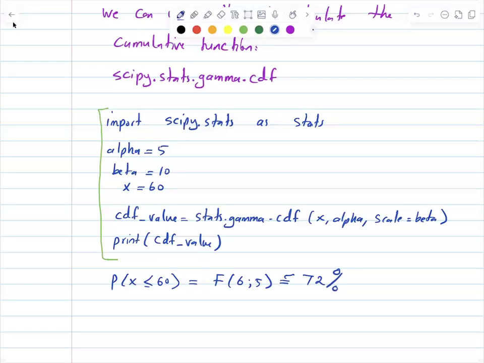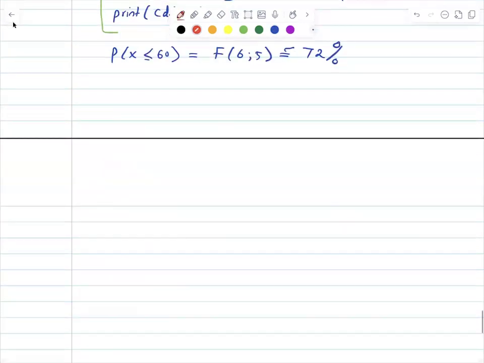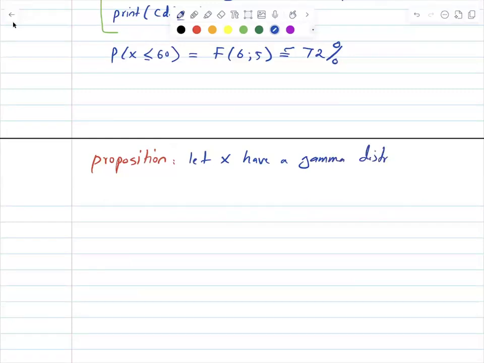So again, just a quick reminder for you. In this proposition, we have the following. Let x follow a gamma distribution with parameters alpha and beta.